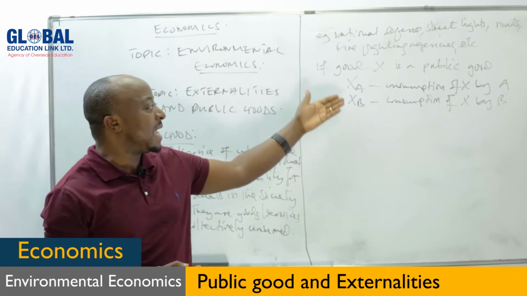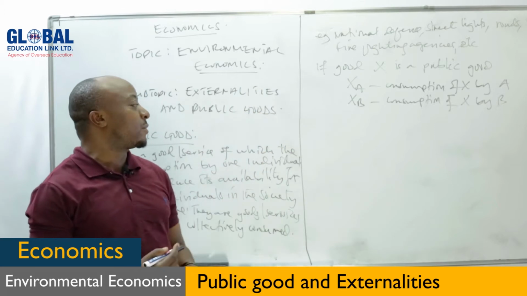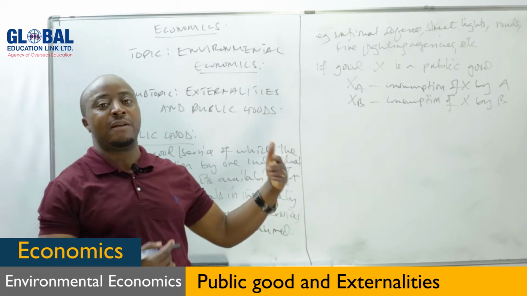Then we said XA is the quantity of good X consumed by A, and XB is the quantity of good X consumed by individual B.